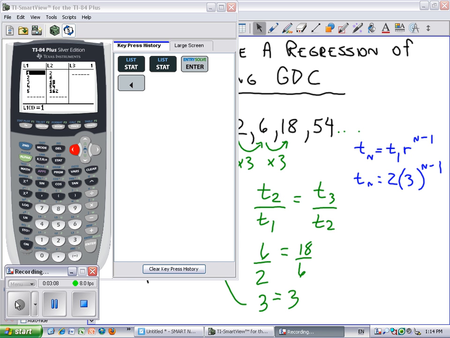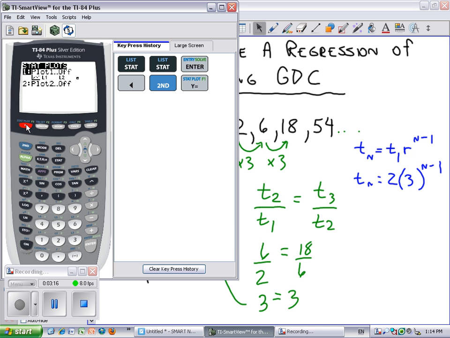Okay, so now that those numbers are input, we go to second stat plot. We want to graph that scatter plot. So notice my plot 1 is off. I need to turn it on. So press enter on, highlight on, and press enter. Notice the scatter plot has been selected.